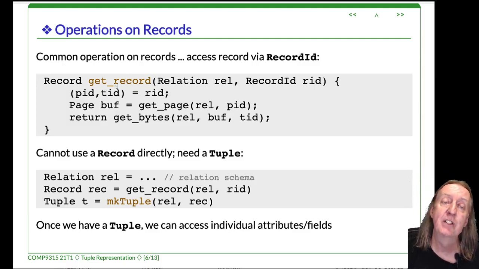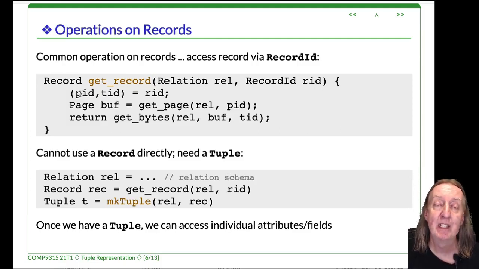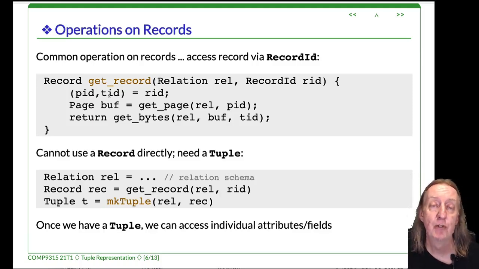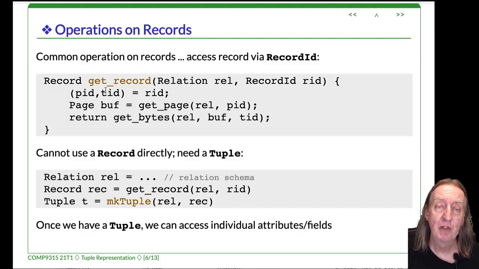The record ID tells us which page and whereabouts within the page, or at least the index of the directory to the page, so we can go to that directory entry and then go to the bytes. So we can extract those two components from the record ID.